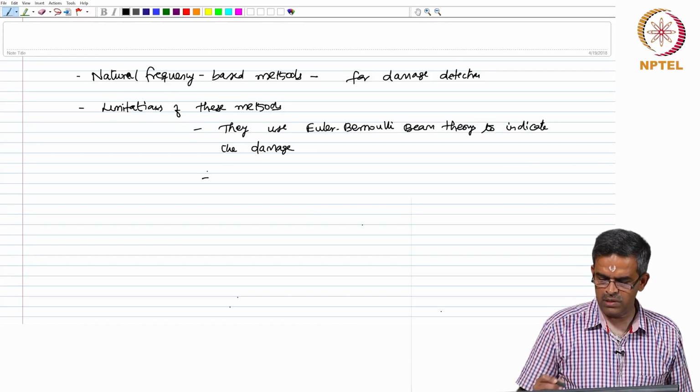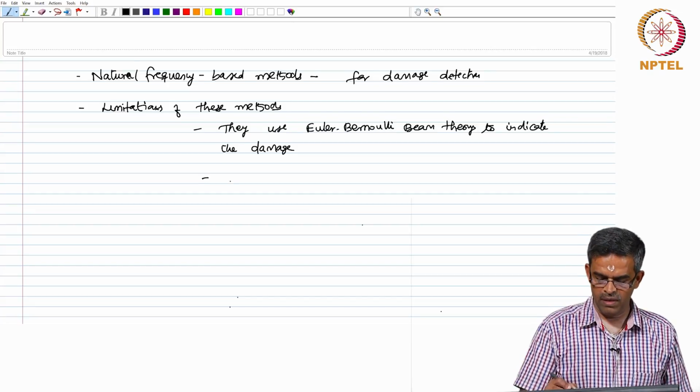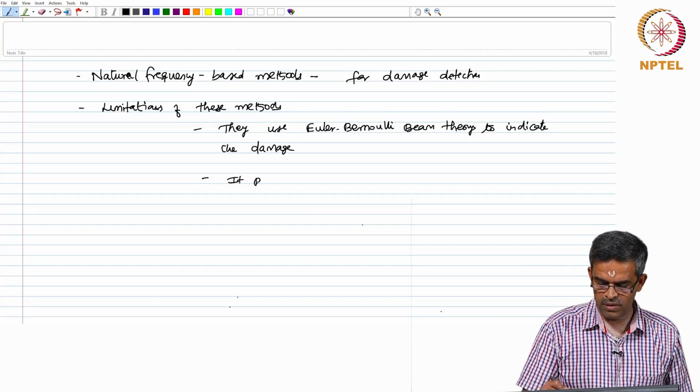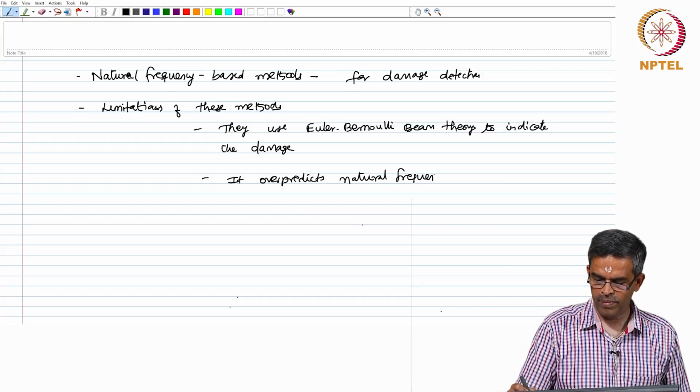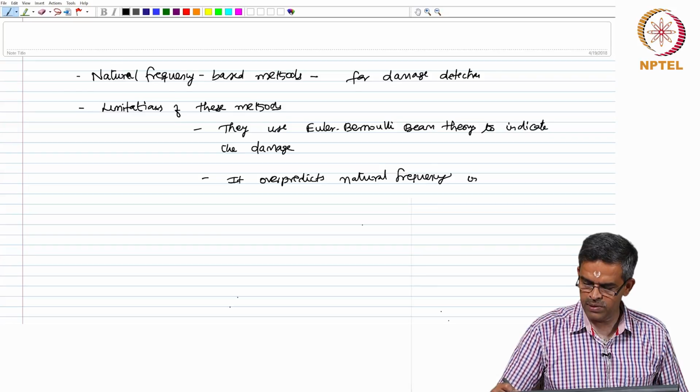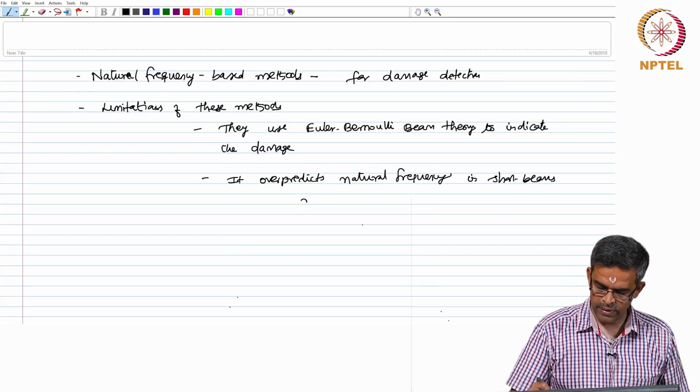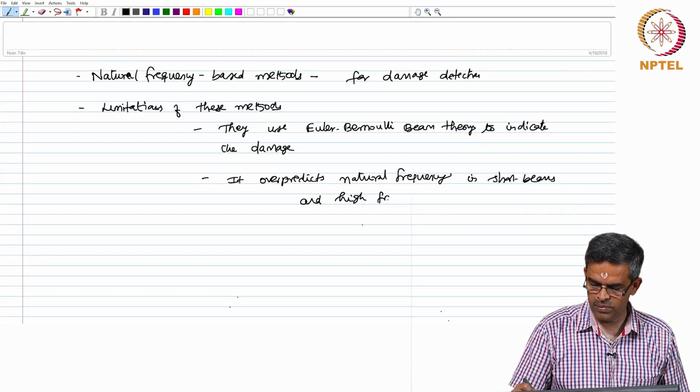And the common convention with this specific theory is that it over predicts the natural frequency in short beams and high frequency bending modes.